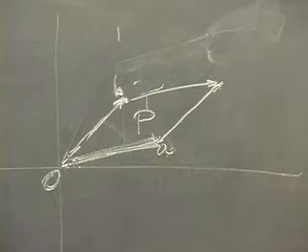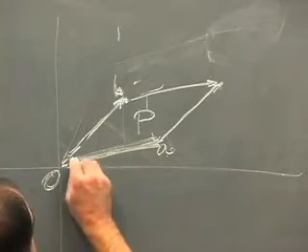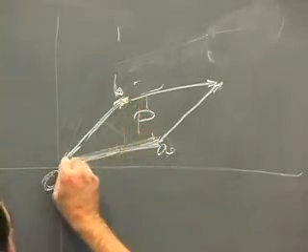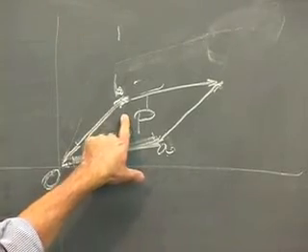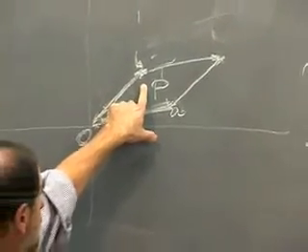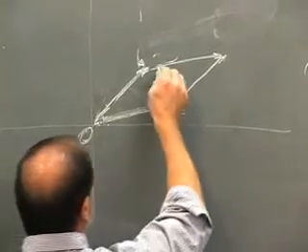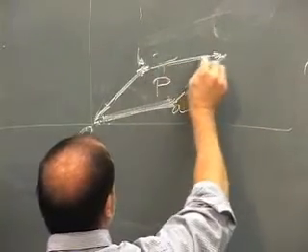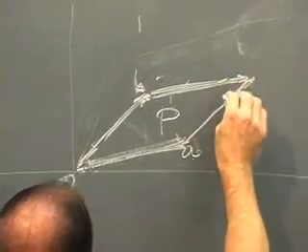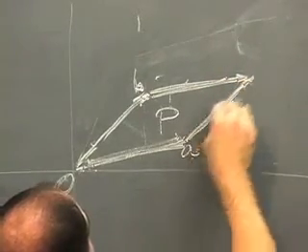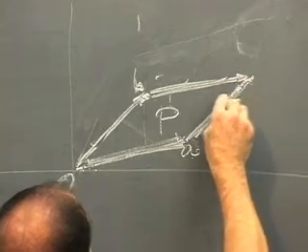Now I claim that there are no other points in this parallelogram as close to this line A as the point B. Because there are no points inside the parallelogram. We certainly know that. Now, there might be a point that we thought was as close that lay on this line. Or there might be a point that we thought was as close that was on somewhere on this line.